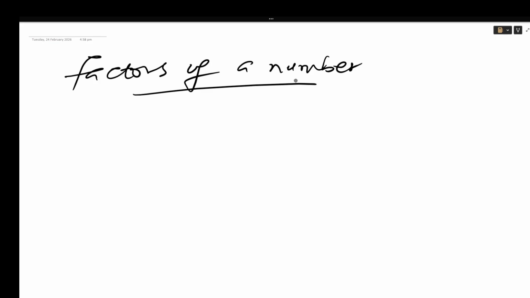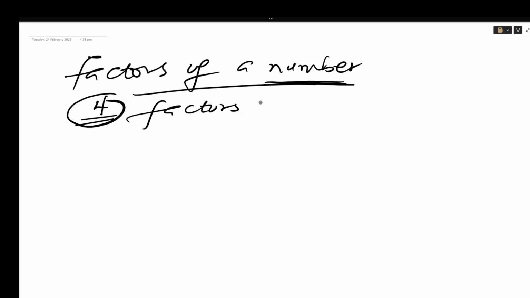When you say factors of a number, so for example, if I have 4 as a number, so this is the number we are talking about. Now we are saying factors of 4.